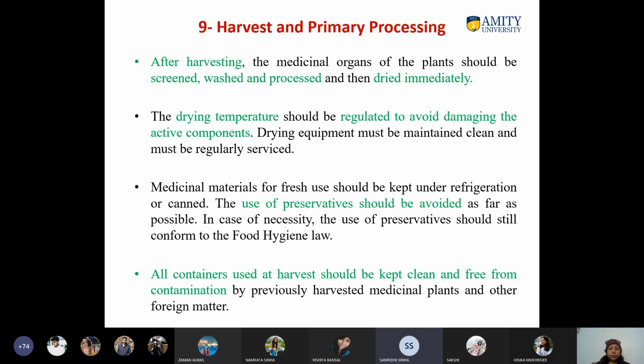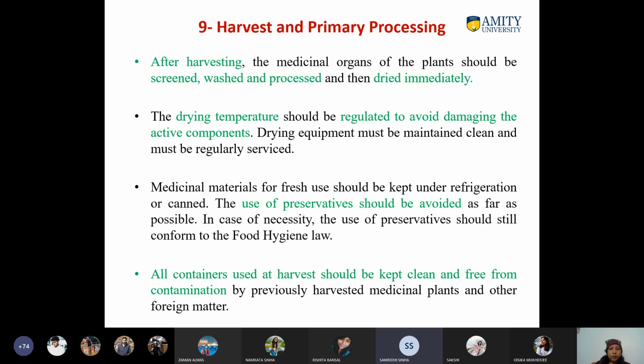Medicinal materials for fresh use should be kept under refrigeration or canned. The use of preservatives should be avoided as far as possible. In case of necessity, the use of preservatives should still conform to the food hygiene law, and all containers used at harvest should be kept clean and free from contamination by previously harvested medicinal plants and other foreign matter.